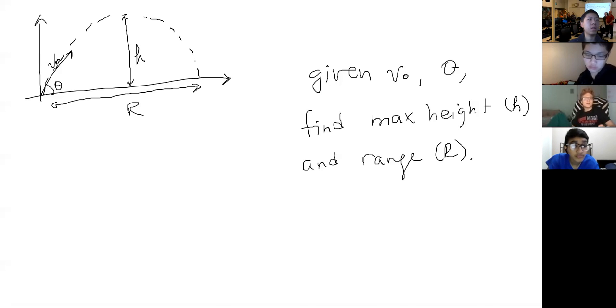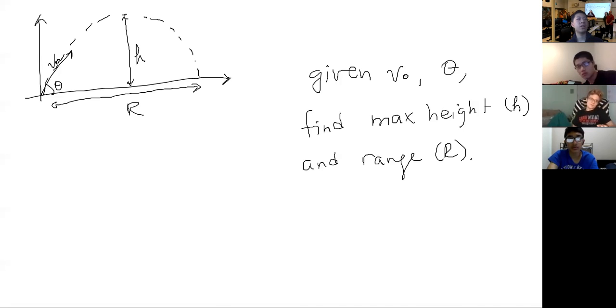And the maximum height has nothing to do with the time of flight. Consider whether it's flying for half a second, like a bullet, or if it takes a while, like an airplane, their maximum height might still be the exact same thing. It just depends on its velocity and the angle. It shouldn't depend on the time at all. Yeah, Mohammed, that looks correct.